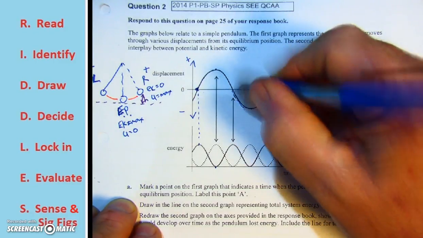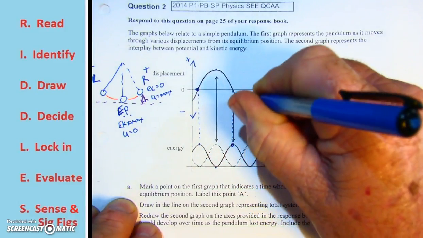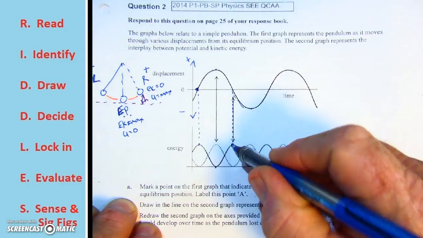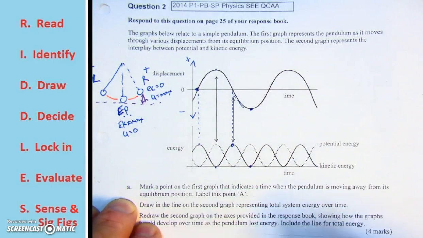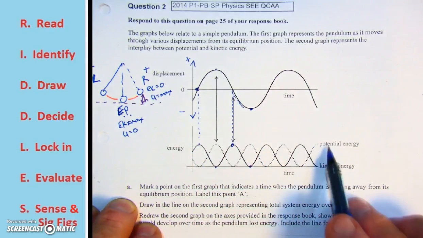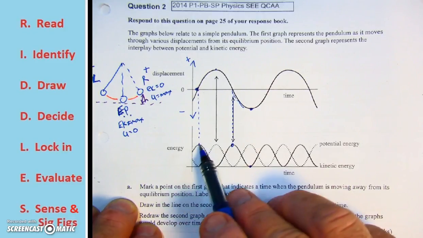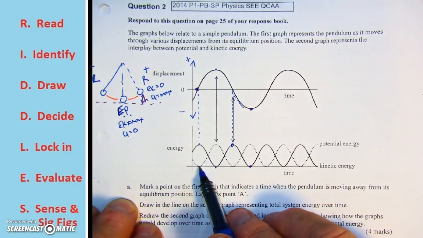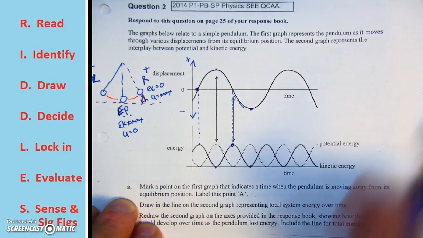As it swings back through the rest position, you can see that its kinetic energy becomes maximum again. Then its kinetic energy becomes zero as it stops. And so the kinetic energy and the potential energy, basically it's the reverse pattern. As one's maximum, the other's minimum, and then as one becomes minimum, the other becomes maximum.